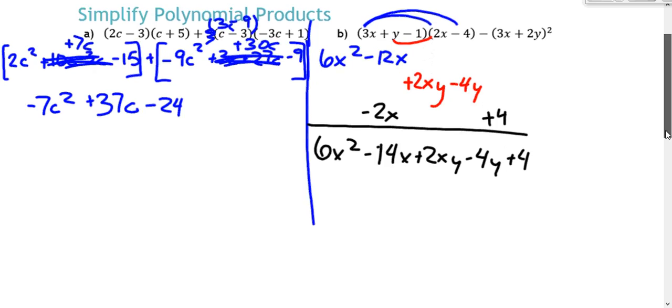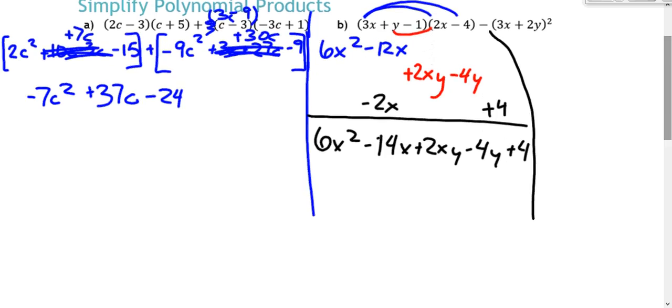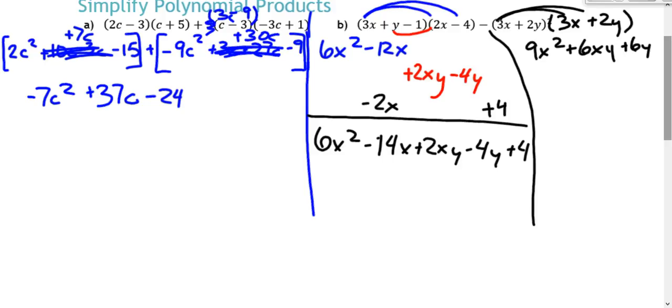And then I'm going to deal with this guy. So this is 3x plus 2y. So that gives me 9x squared plus 6xy plus 6xy plus 4y squared. So then if I add these together, well, I'm subtracting them, so subtract 9x squared, and then that's positive 12xy, and 4y squared.